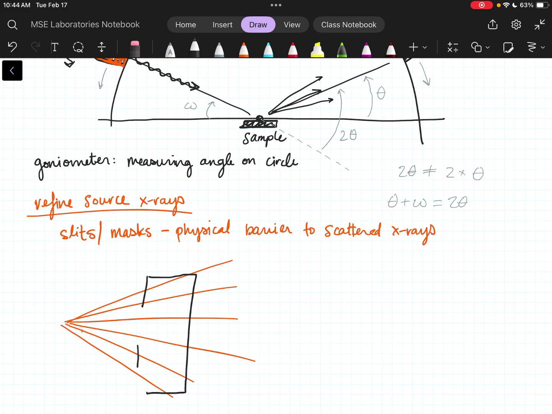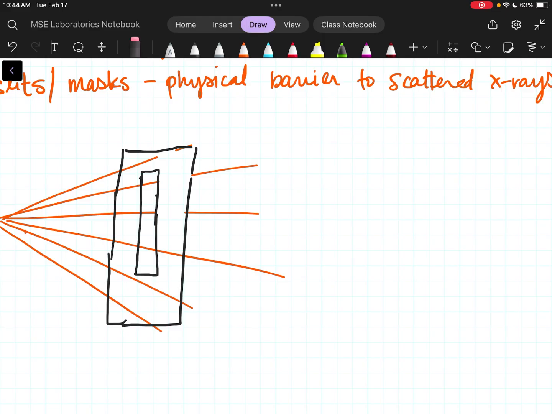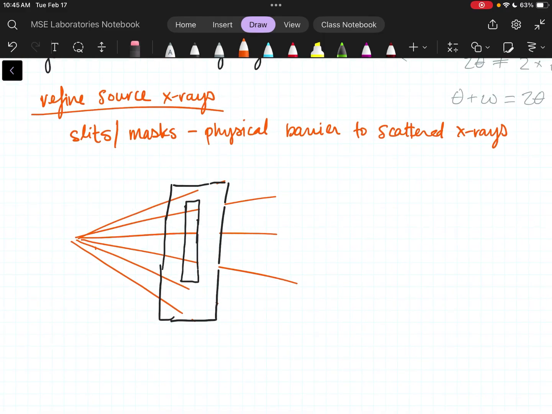I can stick a physical barrier in the path, and I'm going to attempt to erase all the lines to make it look like a three-dimensional structure here. And going slowly. Okay.